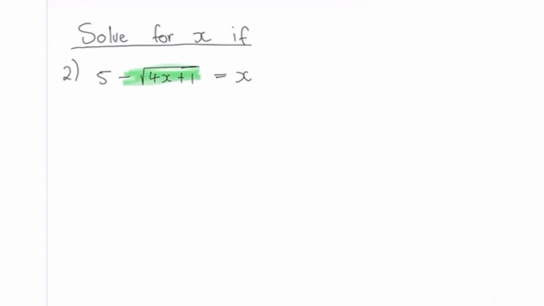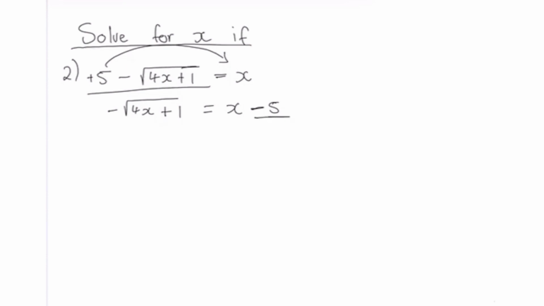We want to isolate this guy, so we can just leave it this side and say we're going to write minus square root of 4x plus 1. That will give you x minus 5. Why minus 5? It was plus 5 on the other side of the equation, and when we take it to that side of the equation, it will change the sign from a plus to a minus.